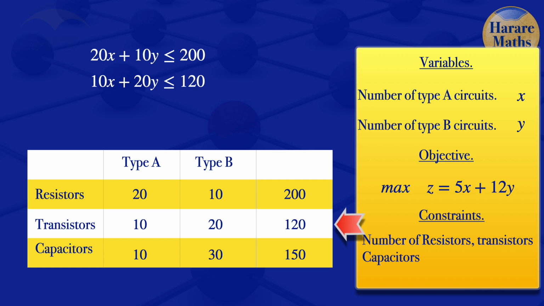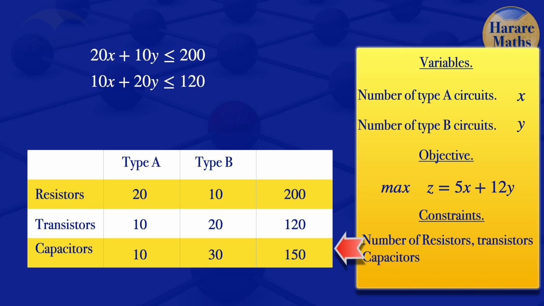And next, we look at the capacitors. We are having 150. And each type A circuit requires 10 capacitors. And if we are making x number of type A circuits, the total number of capacitors that will be used will be 10 times x.